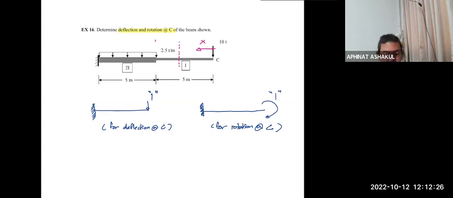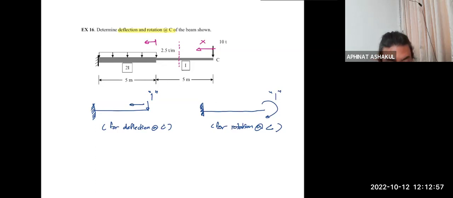And here, let's say I use my x and then I decide to change my x here. It's okay. But when you look at your virtual load case, you see it is very simple because you have only one load, right? You could just use one equation for the entire structure.